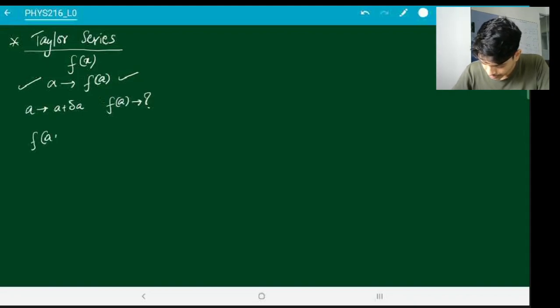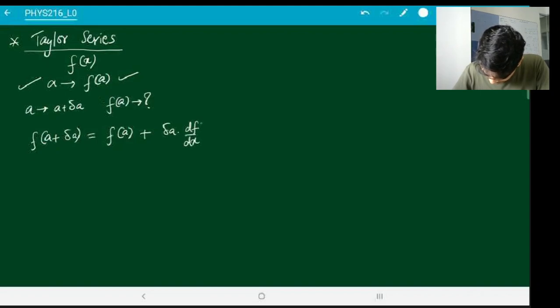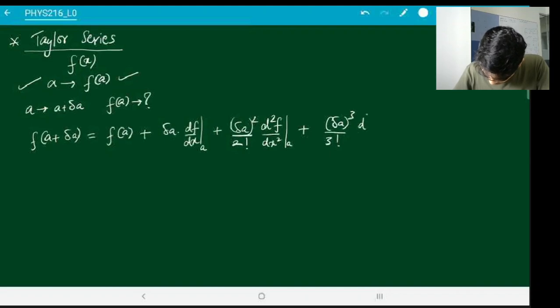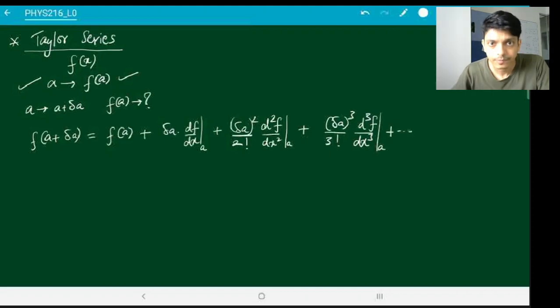The value of the function at a plus delta a is given by f of a plus delta a times the derivative of this evaluated at a, plus delta a square by 2 factorial, and then this is the second derivative, then the third derivative, and you can keep doing this indefinitely. So this is called the Taylor series expansion.